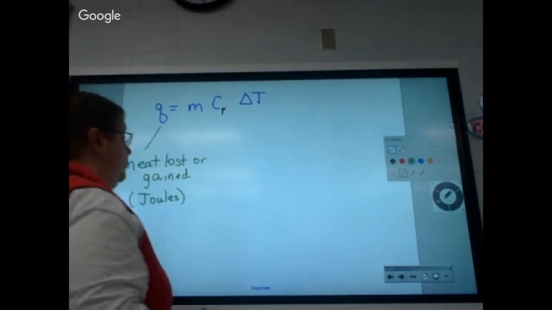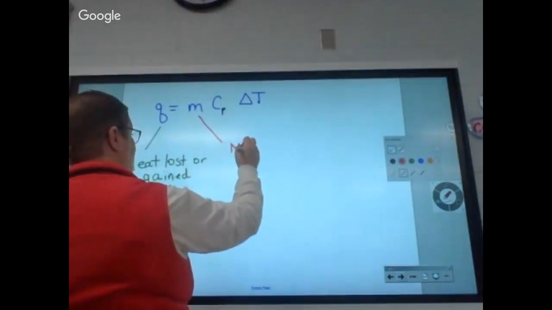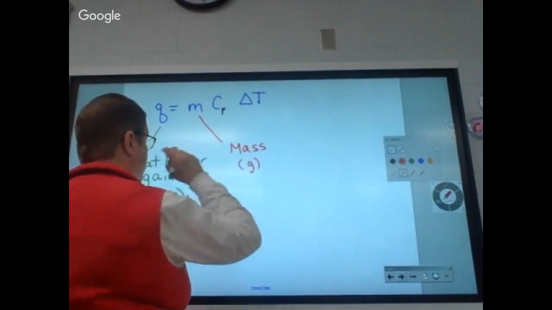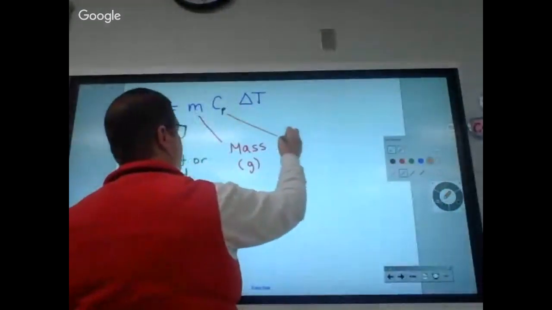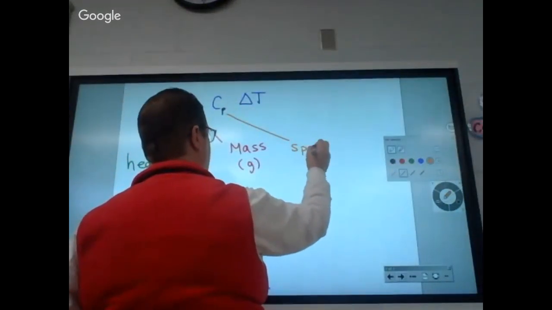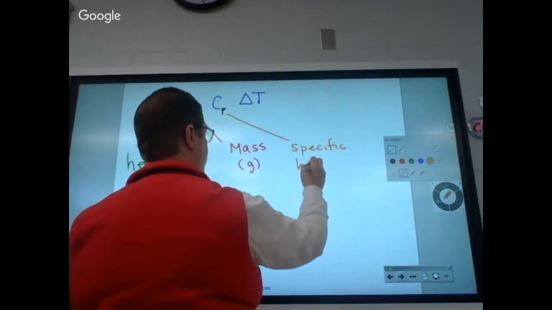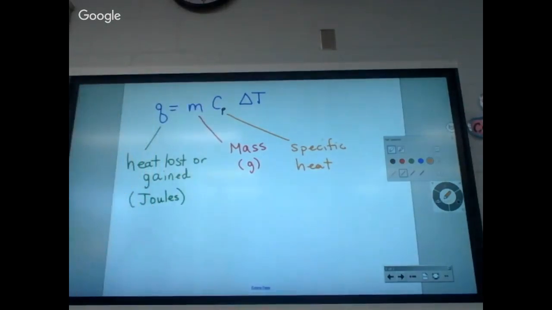M is mass, and it's found in grams. Cp is specific heat.